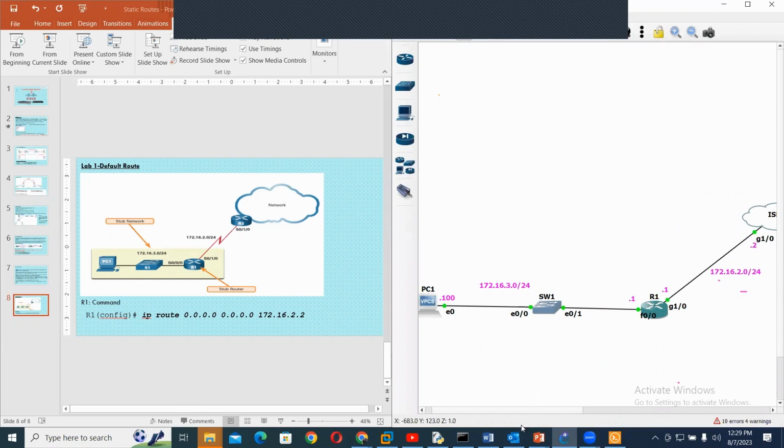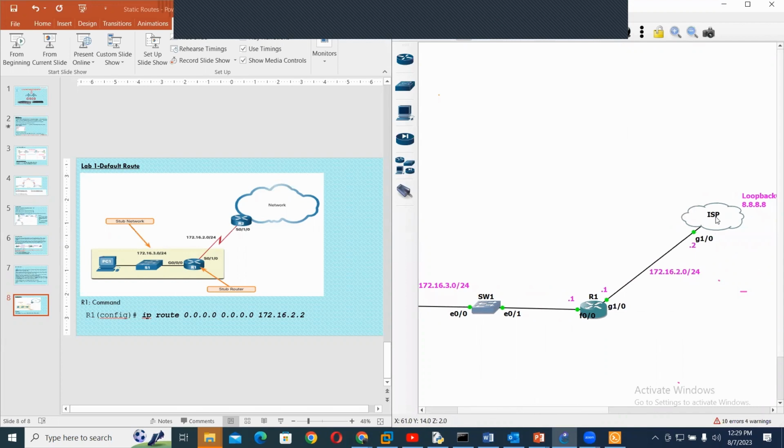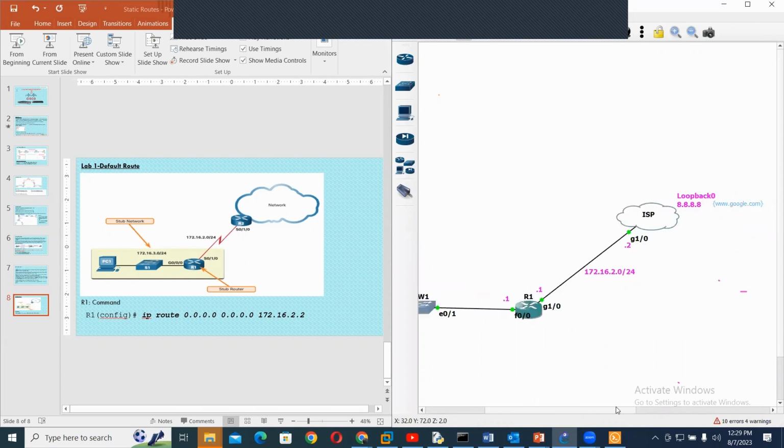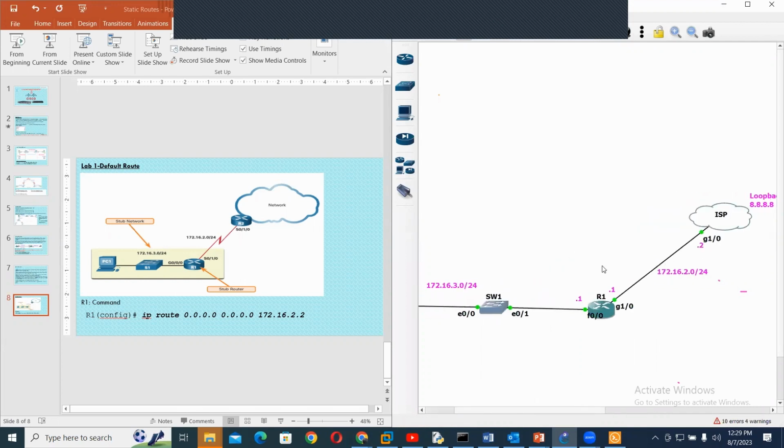We have this network, and this is the service provider or the internet. We cannot specify the destination network because on the internet we have so many networks available. So we should cover every network. If we want to go to any network here, we have to pass through the next hop IP address.